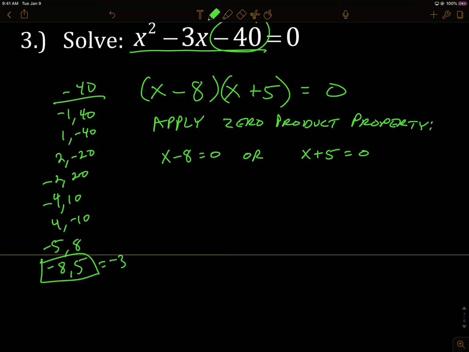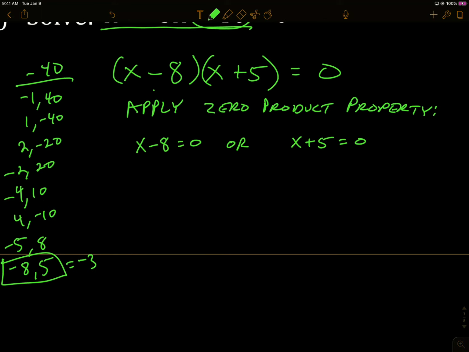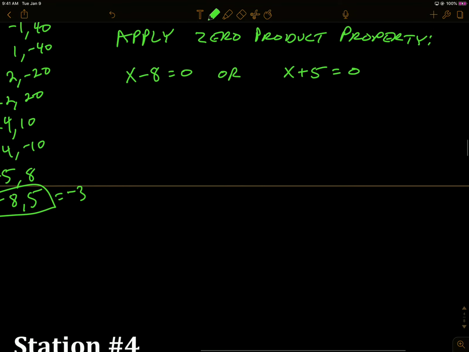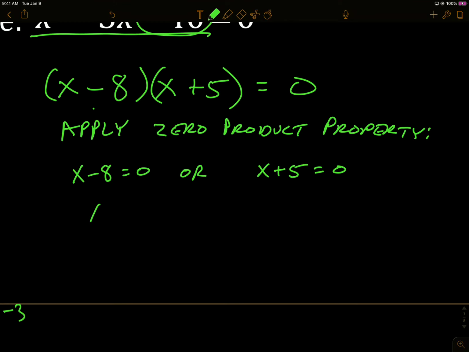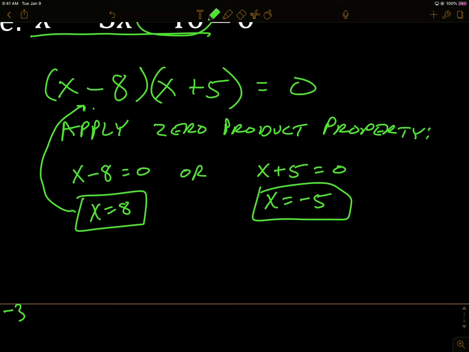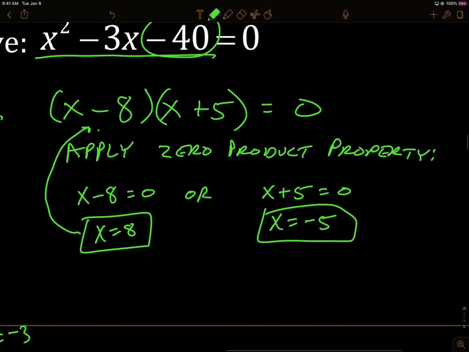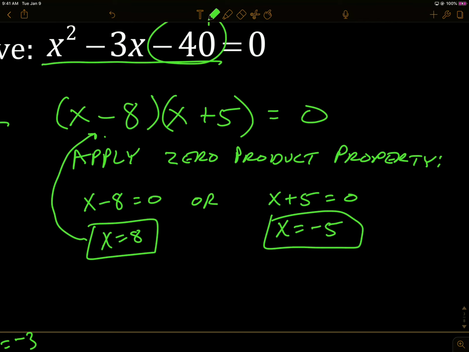If I have 2 things times each other equaling 0, it's going to be 0 if either one is 0, because 0 times anything is 0. So I set up little mini equations that force each part to be equal to 0, and then I solve those. So the x that makes this one 0 is 8, and the x that makes this one 0 is negative 5.